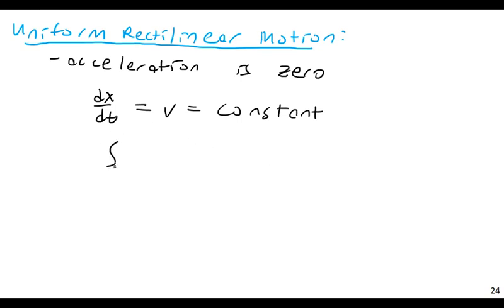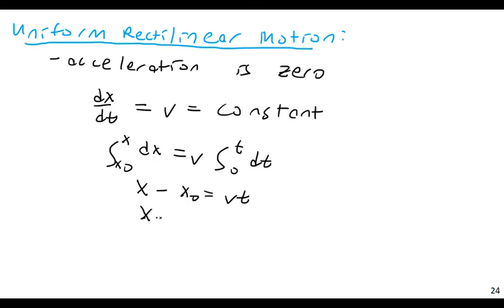So if I integrate dx from x naught to x, this is equal to the integral from 0 to t of v dt. Well, I would get x minus x naught equals vt, or x equals x naught plus vt.